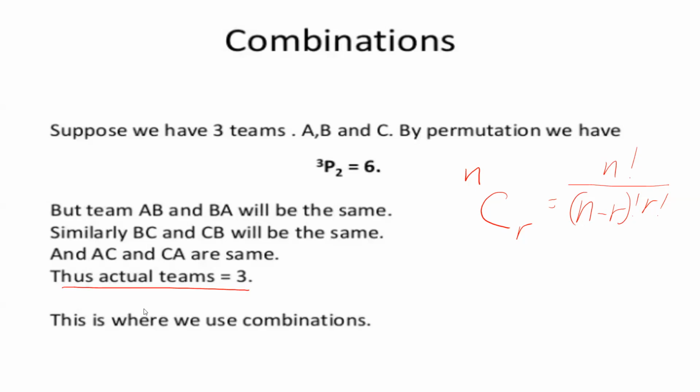So we're not using permutation here, because that's going to mess us up. If team A plays team B, that's the same as team B playing team A. So if you have 3 teams and you want to match them up, how many matches will you have? You can only have 3 matches.